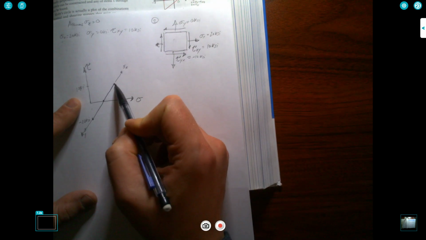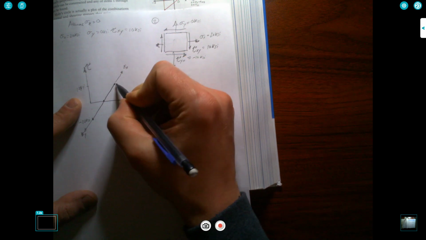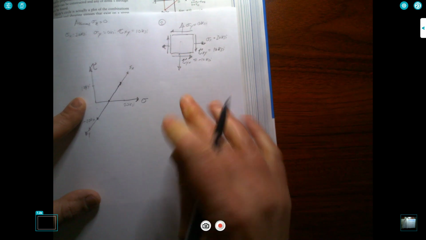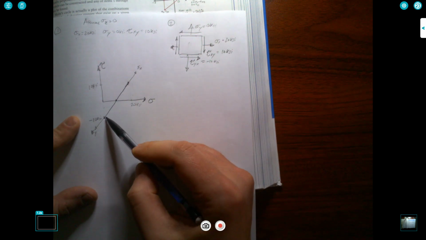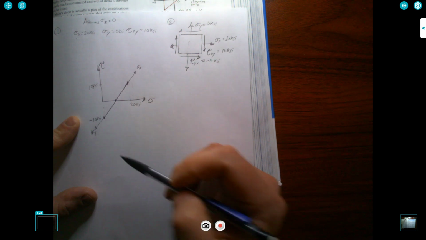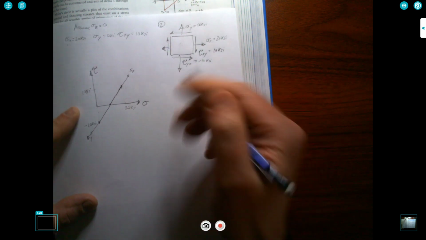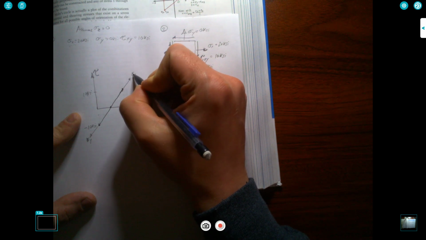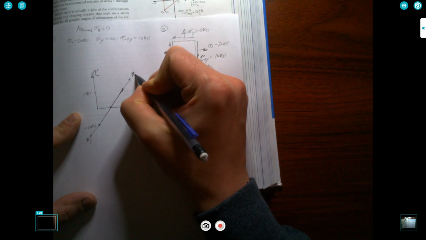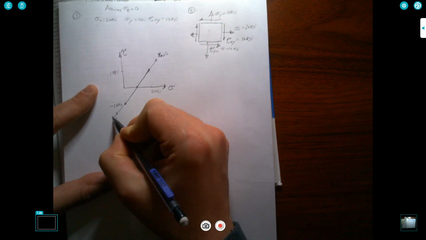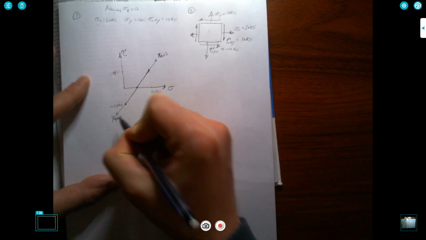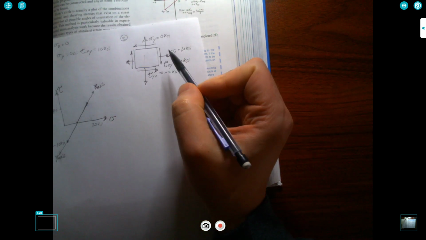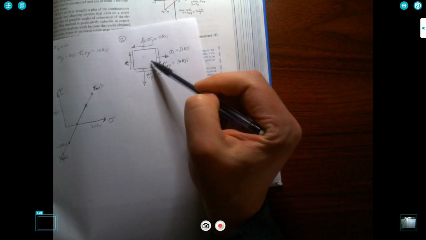So we had our 20 KSI. I guess I was kind of off on that one, but if we go down, that's our 20 KSI for this one. Sigma y on this one here is along that. So you can see, or I guess rather than sigma x, sigma y, I should say x-axis and y-axis. Really, it's relative to the element itself.